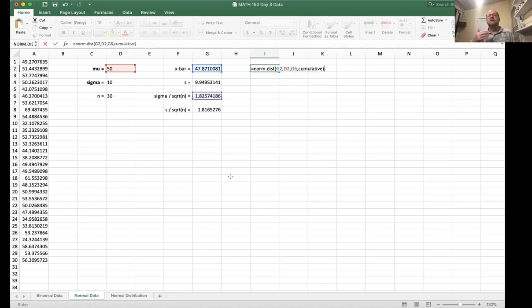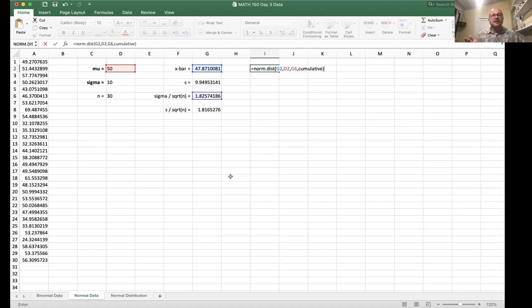So before I hit enter there, let's think about this. If we know that the actual mean is 50, and the standard deviation, that means how spread out things are, if we know that standard deviation is 10, and we're talking about this x bar that's pretty close there in that 47.87 stuff, then we expect for the amount that is less than that 47 to be less than half, because 47 was less than the 50, which is right in the middle, okay?